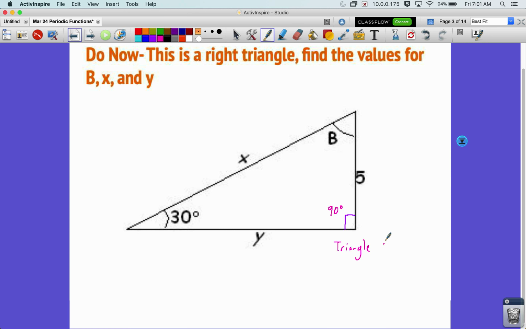So triangle sum is that the interior angles of a triangle add to 180 degrees.